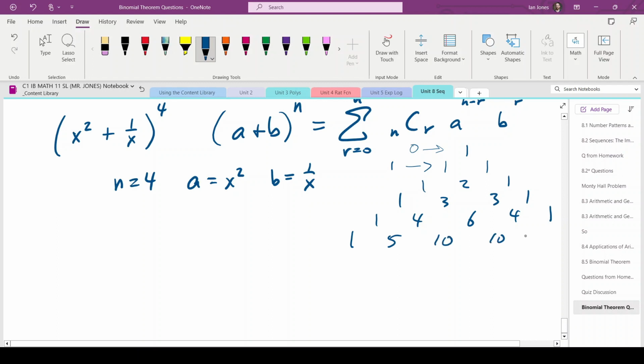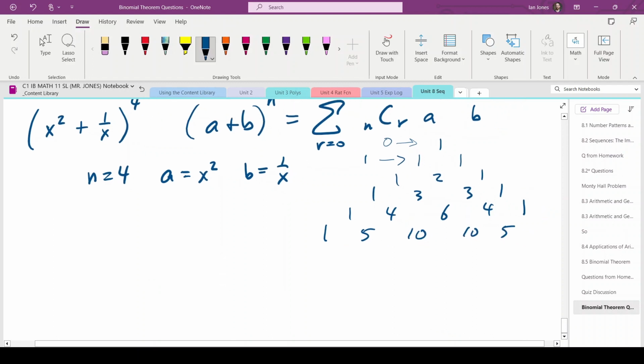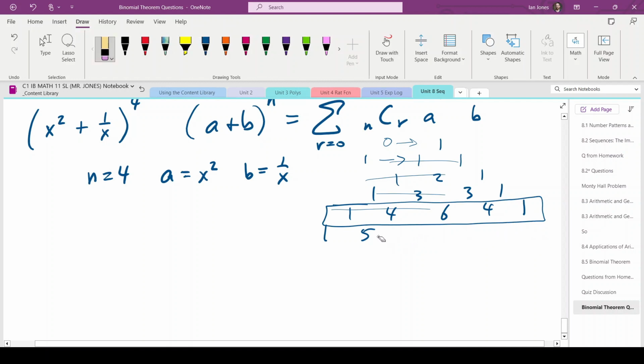But for now, I'll just continue to write them out. So 0, 1, 2, 3, 4. Perfect. So this is the row I want right here. I didn't even need this last row down here. Those are my coefficients.